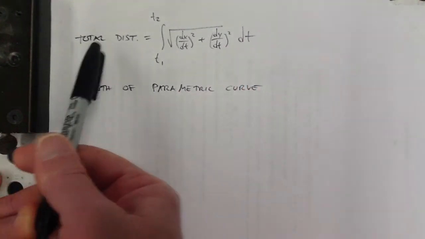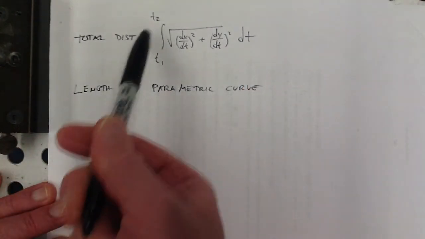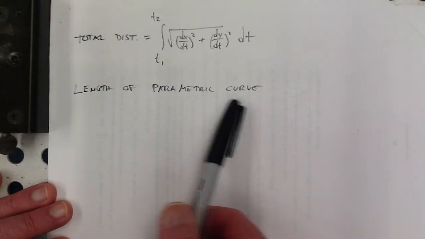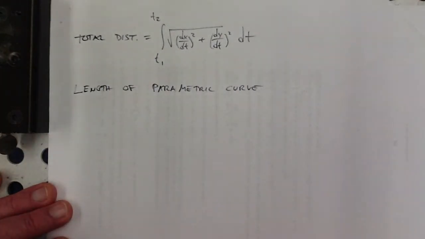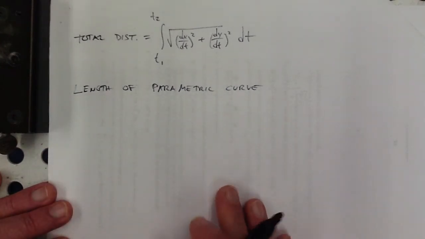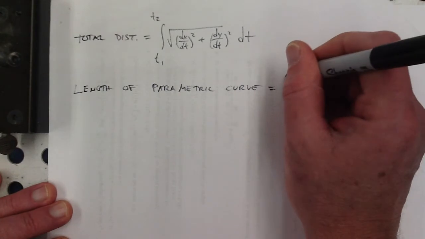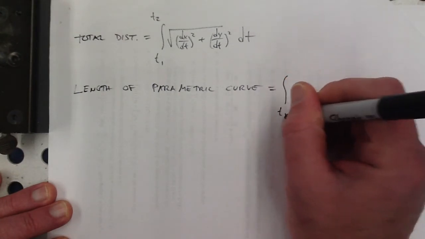And it makes sense. Total distance traveled, yeah, that's the length of the curve. It's just that this works also to find lengths of curves when we're not necessarily thinking about it as a motion problem. So length of a parametric curve is equal to this, same expression.